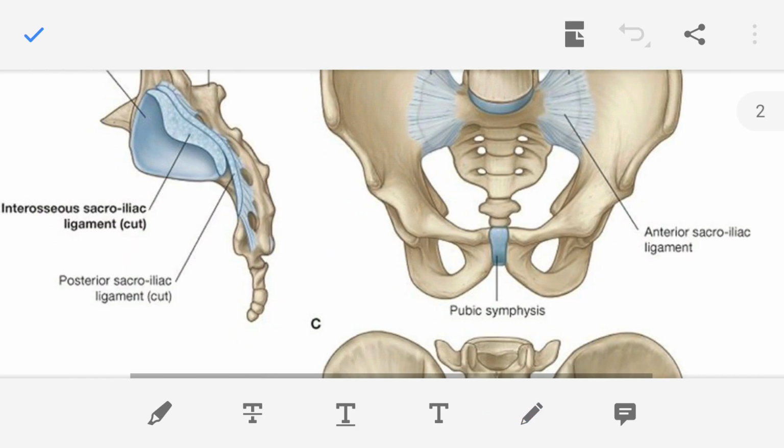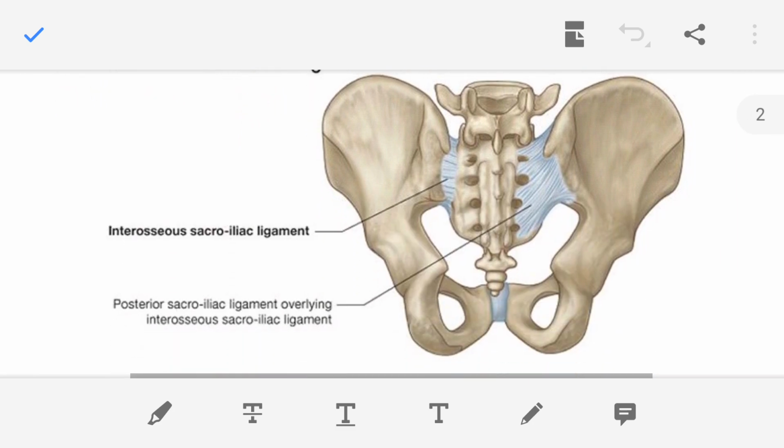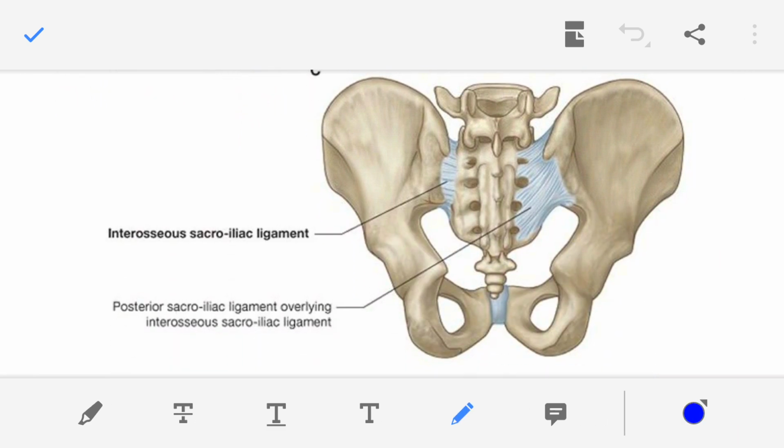The reason is that when you observe posteriorly, it is difficult to find the sacroiliac joint because the joint is covered by the ligament.